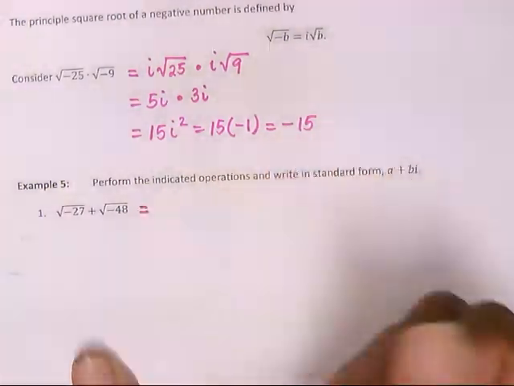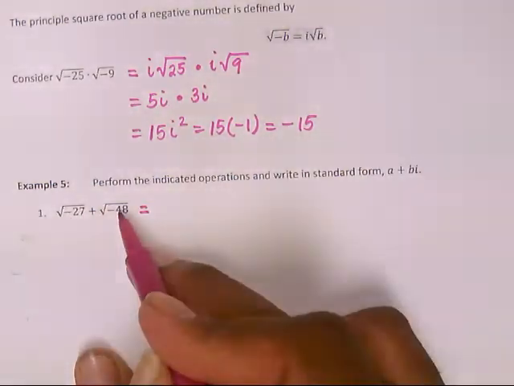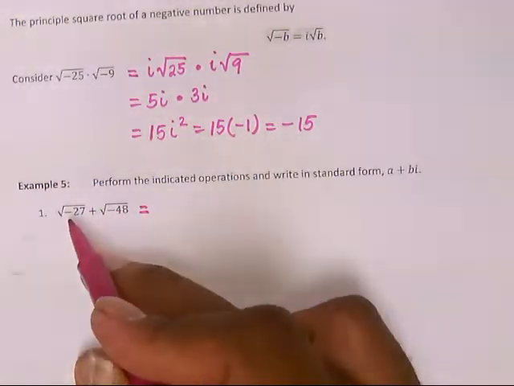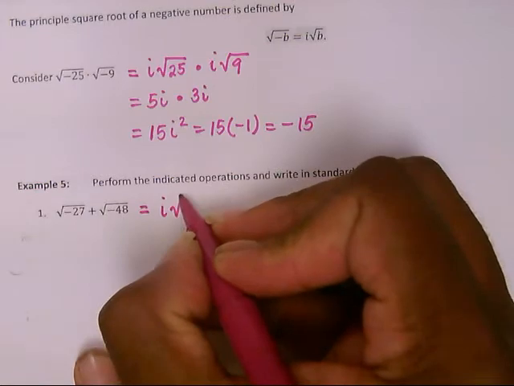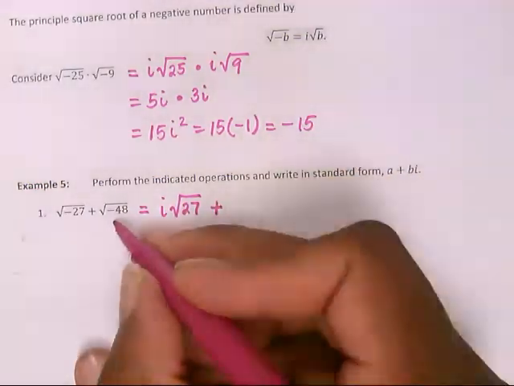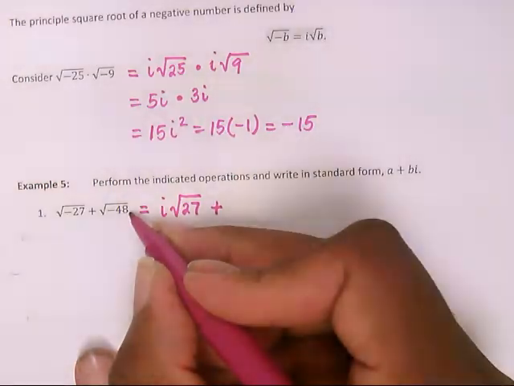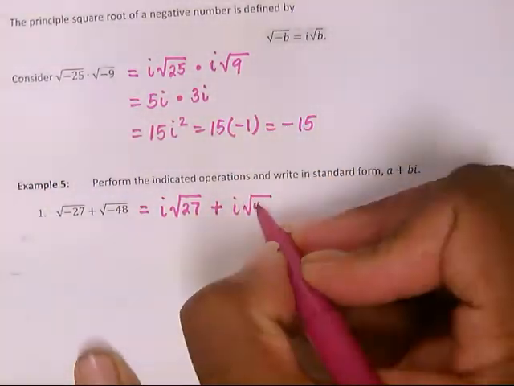First of all, we need to write this in terms of i because we do have negative signs underneath the radical. So I know the square root of negative 1 will be i. So here, the square root of negative 27 will be expressed as i square root of positive 27, plus the square root of negative 48, which is going to be expressed as i square root of 48.